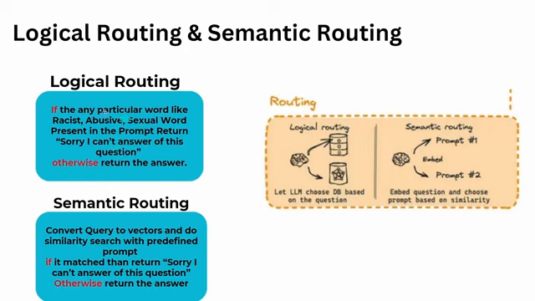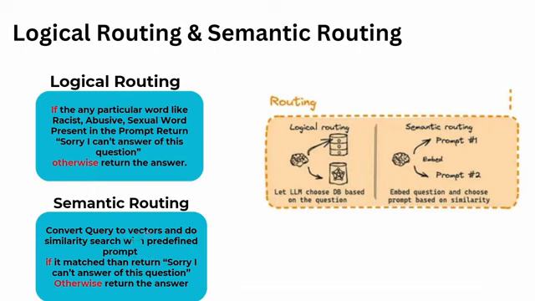Otherwise, if those words are not present, you will return the answer based on your LLM context or retrieval. That happens in the case of logical routing. In logical routing you just write particular logic, an if else statement, matching whether any such word is present in your query, then you ignore that query. If it is not, then you answer.